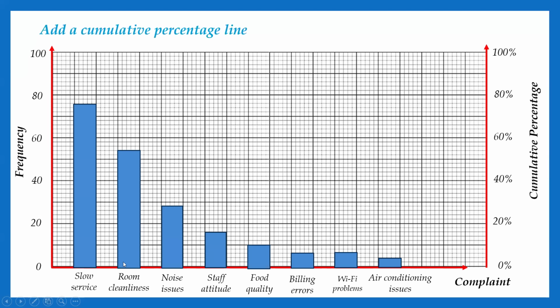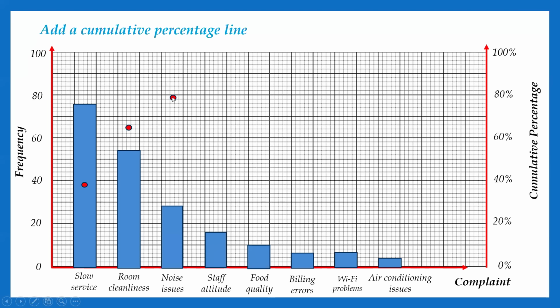The first cumulative percentage is 38. The second one is 65. Then the third one is 79.